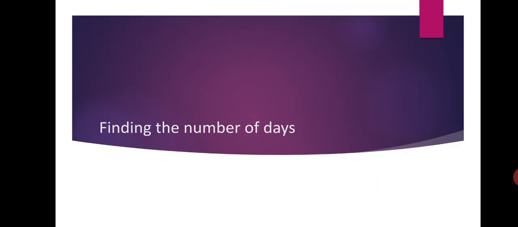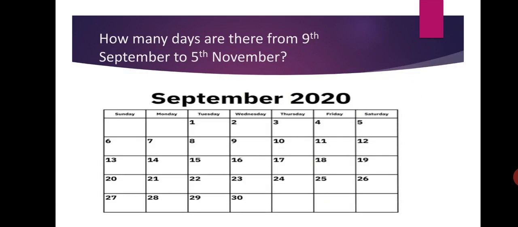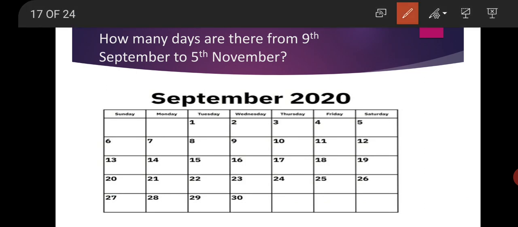Now come to the next, finding the number of days. What is the question? How many days are there from 9th September to 5th November? Now students, here you have to find the number of days from 9th September to 30th September, then from 1st October to 31st October, and from 1st November to 5th November.